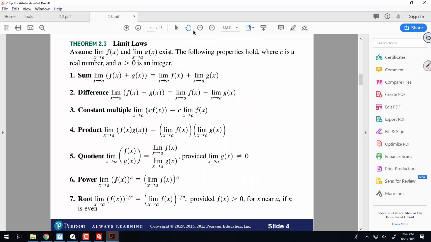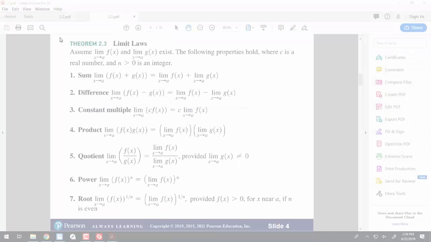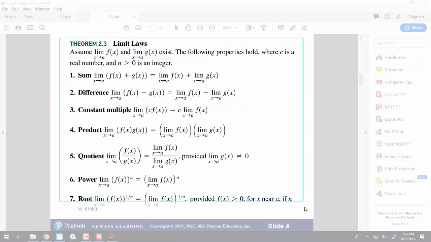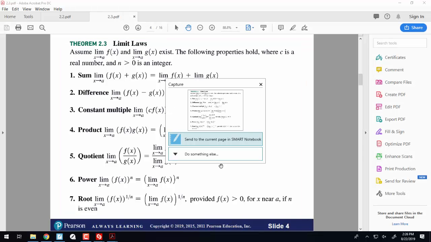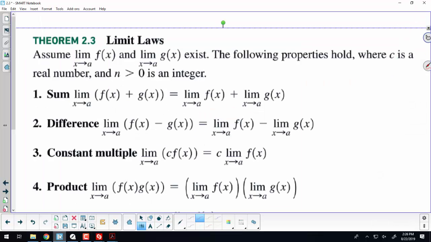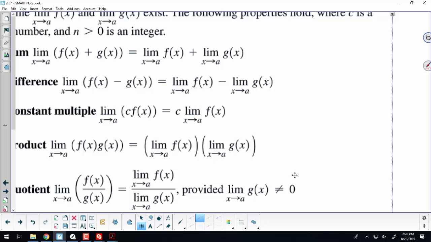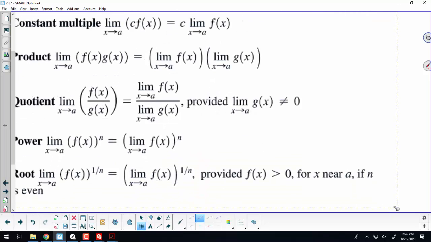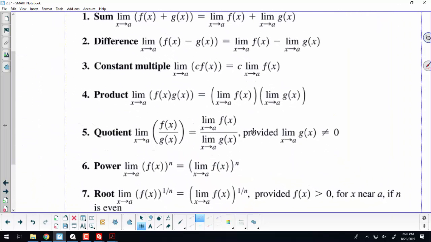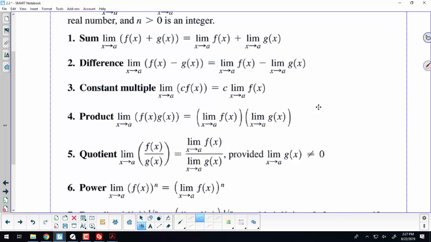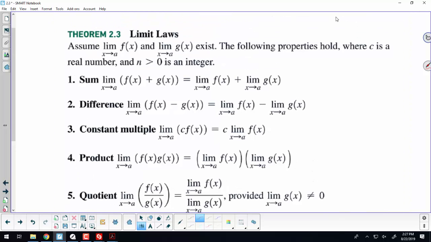So then we ask, are there laws that we can look at in certain ways that limits behave? And that's what all of this tells us. It looks overwhelming, but in practice, I hope that it's pretty straightforward and intuitive.